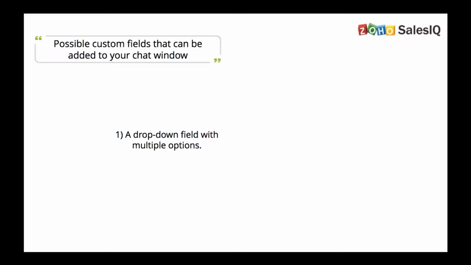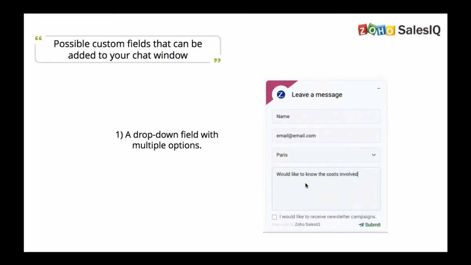So a drop-down field with multiple options or multiple selections is one of the options. So here's a preview. So you can see this animation here where we have a drop-down that says something on the lines of choose your travel destination.